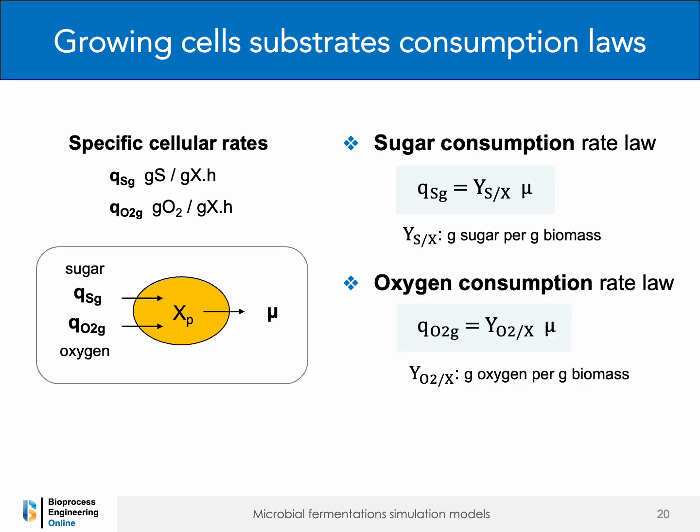In aerobic fermentations, the specific oxygen consumption rate of growing cells, QO2G, in grams of oxygen consumed per gram of cells per hour, is likewise considered proportional to the specific growth rate. QO2G equals YO2 over X times mu, where YO2 over X is the stoichiometric coefficient, expressed in grams of oxygen consumed per gram of biomass produced.